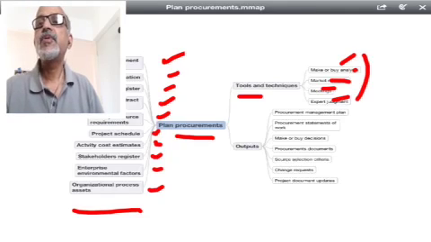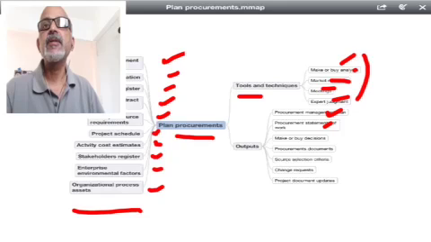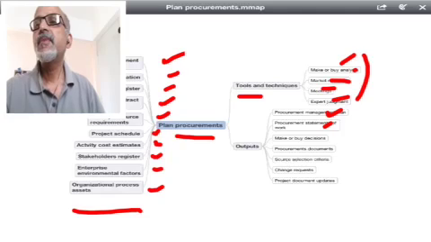The outputs of procurement planning: we have the procurement management plan and procurement statements of work. Primarily, we are talking about the statements of work against which we will be inviting requests for proposals from the prospective suppliers. Then make or buy decisions, procurement documents, and source selection criteria.